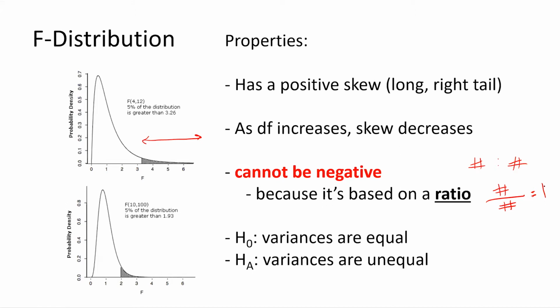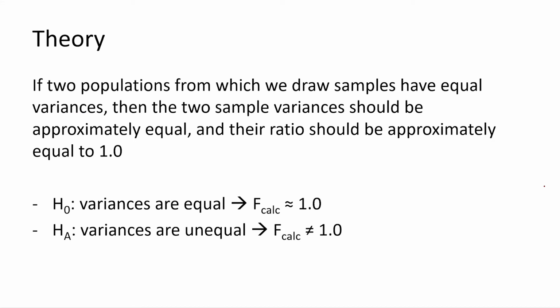So that's when we know that our variances are approximately equal, is when the ratio is approximately equal to 1. Our null hypothesis, when we do an F test or a variance test, is that our variances are equal. Our alternative hypothesis is that our variances are unequal. So the idea behind this test in general is if two populations from which we draw samples have equal variances, then the two sample variances should be approximately equal, right?